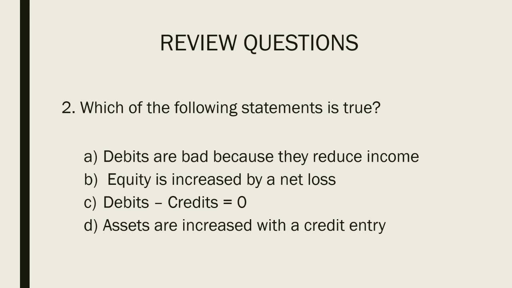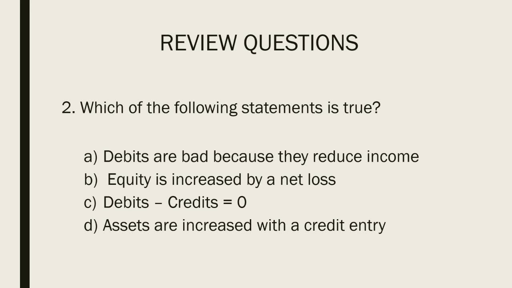That is actually debits. Well, they're not bad, but they do reduce income. Debits minus credits equals 0. Yes, C, because debits equal credits. They have to balance. Exactly. So C is the correct answer.